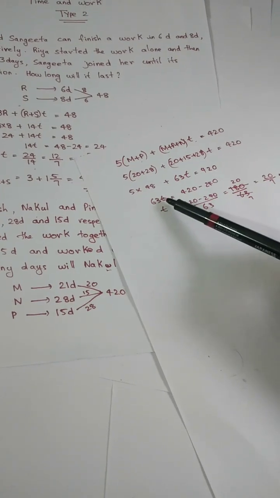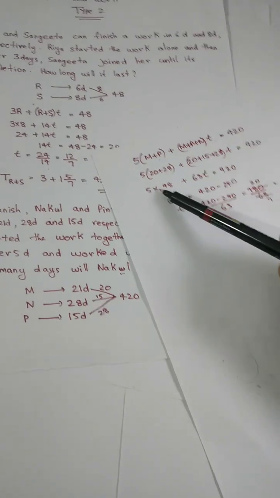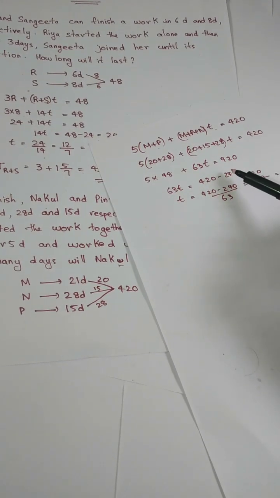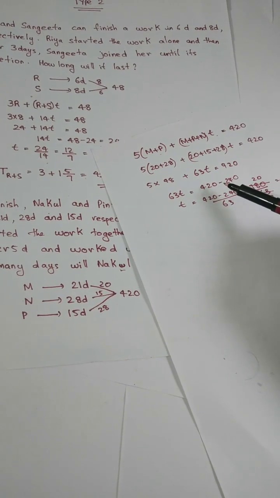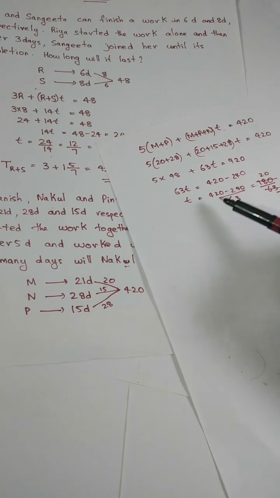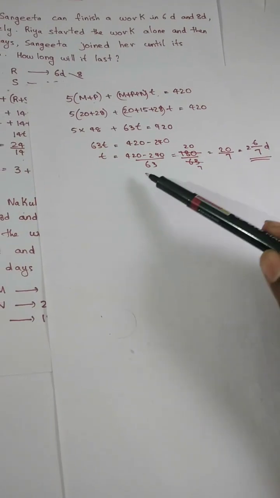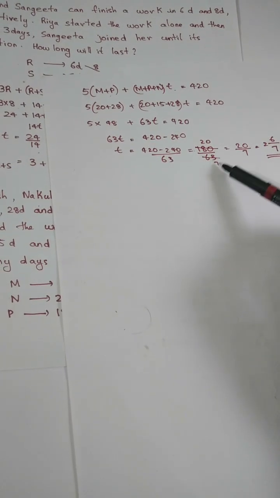So placing 63 T here, 420 here. 48 into 5 would be 240. 240 when moved to the other side would be 420 minus 240. So T is equal to 420 minus 240 divided by 63, which is 180 divided by 63.